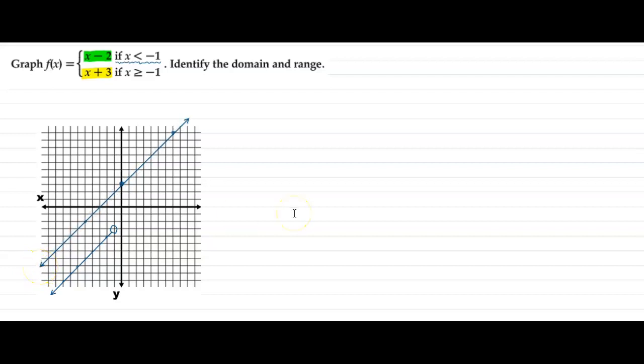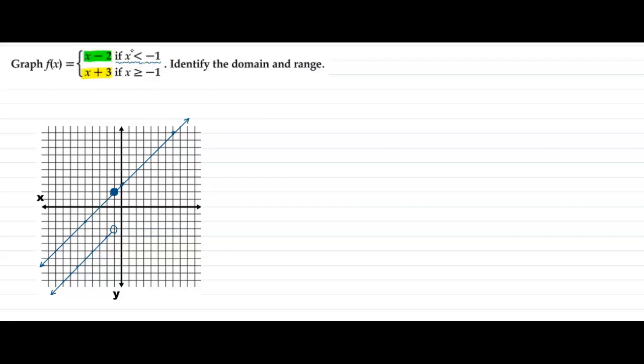All right, now, again, I'm going to grab my small eraser and I'm going to break the line that I just drew at -1. So here's -1, I go up and I break it. All right. I want to put a closed dot right where I broke it because this is greater than or equal to. So I put a closed dot. And now I need to erase part of that line that I just drew.